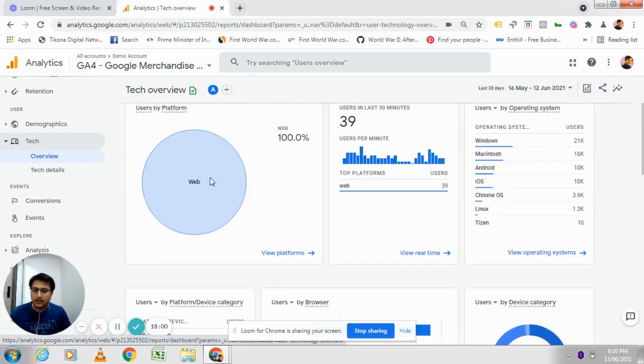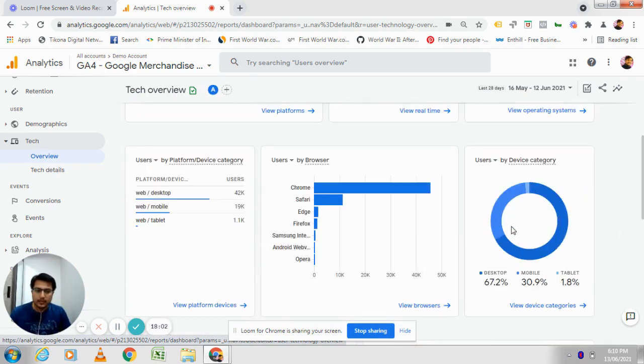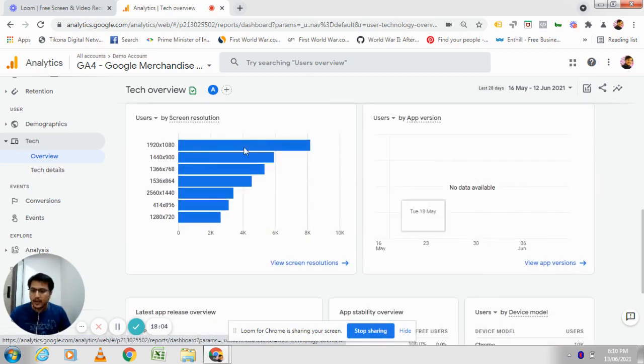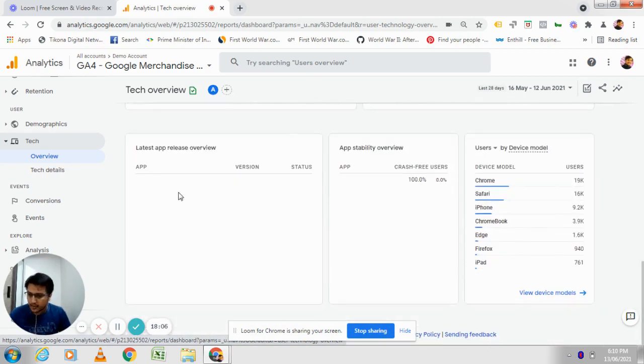Then whether they are coming to your website through mobile, tablet, or desktop, etc. And here you can see the screen resolution, etc. Using this, you can control these things in your performance marketing campaigns, in Facebook ads, Google ads. However, I don't find them very useful, but yes, they are useful.